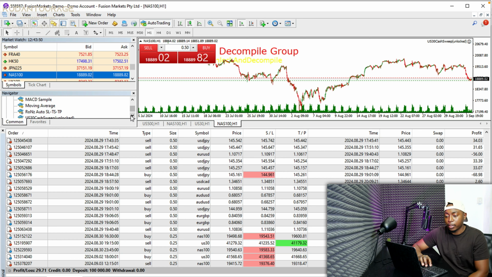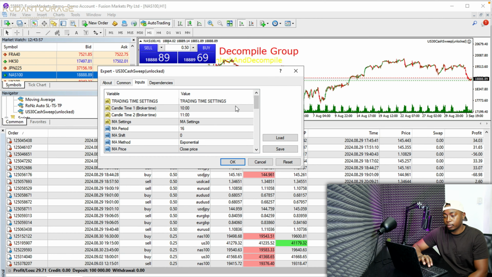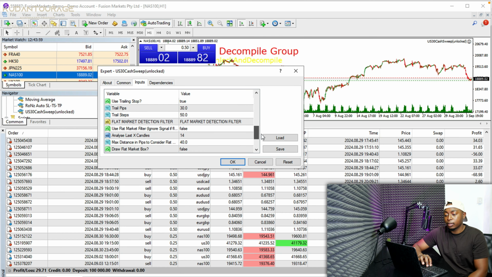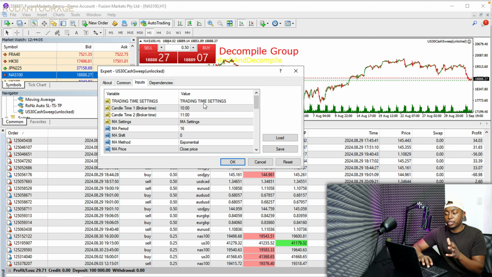So what I'm going to do here is I'll literally just drag the US30 EA onto the chart, press yes, and on here it's actually optimized to detect when the market is best to trade. So it actually has a candle time 1 and candle time 2 opening times.